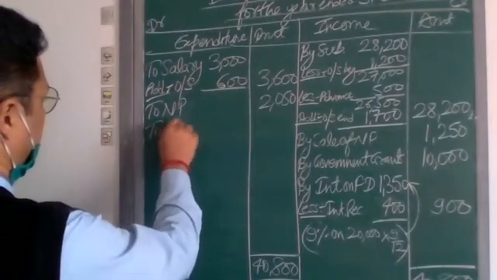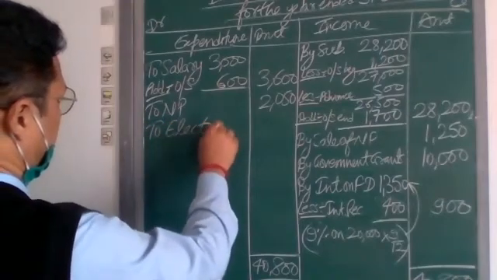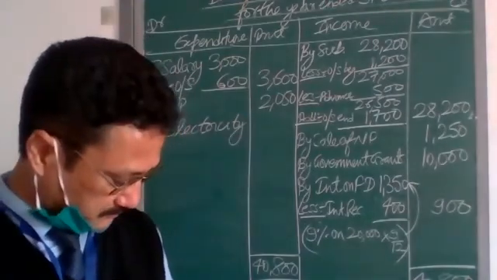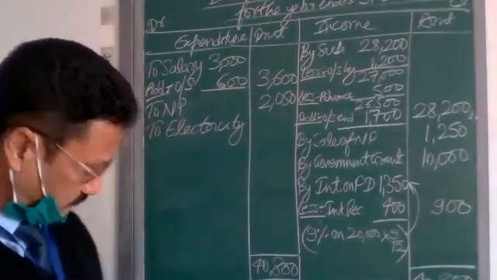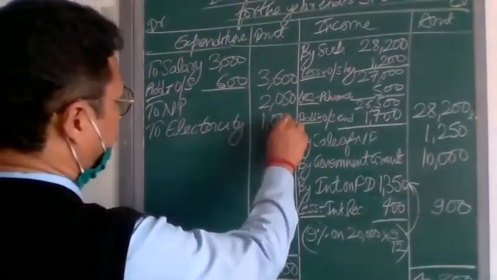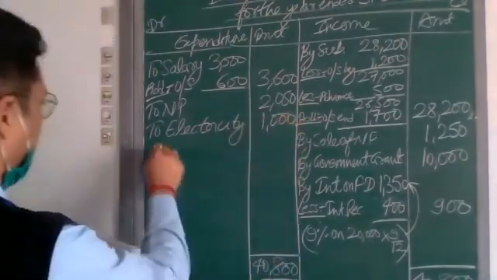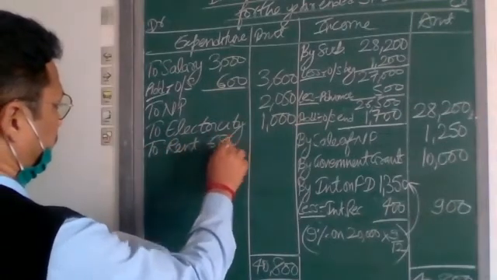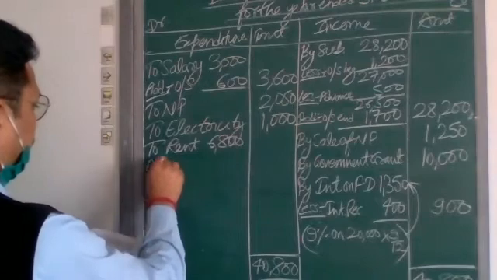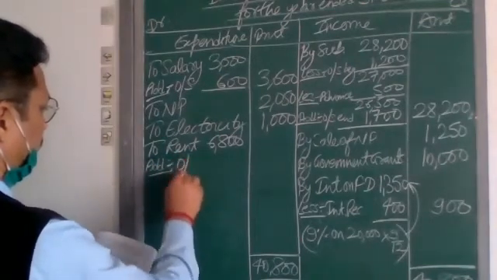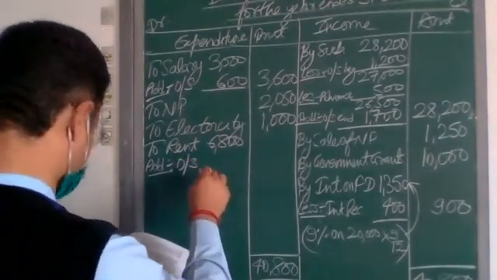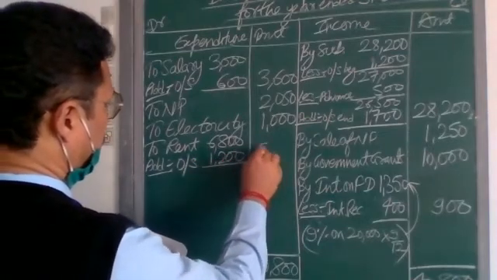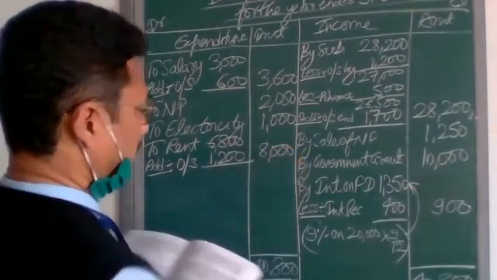Electricity 1,000. Rent, outstanding rent 8,000.